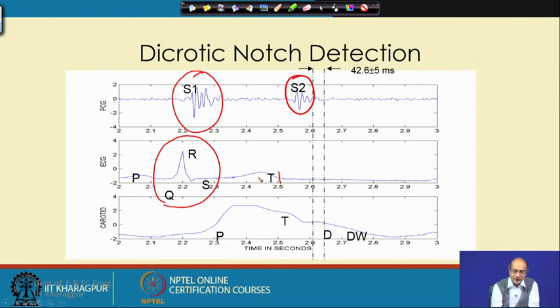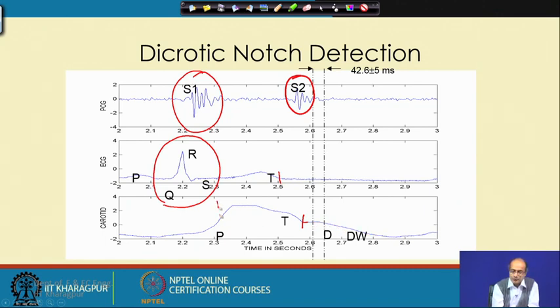So, instead of looking at the ECG, from where you cannot get the boundary of the end of the T signal, we go for the carotid pulse signal, which picks up after the QRS complex. The pressure is increasing, and when the valve is closed, there is a sudden dip in the pressure. Again, as the valve is closed, the pressure remains constant and slowly goes down.